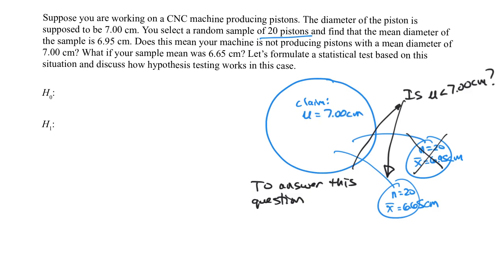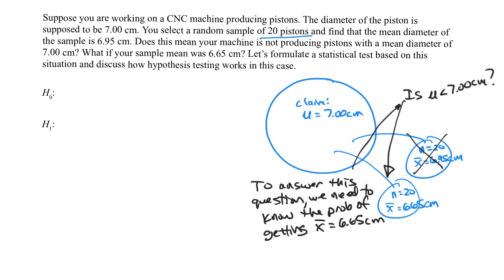So to answer the question, we need to know the probability of getting X bar equals 6.65 centimeters when n equals 20 and the population mean equals 7.00 centimeters. So that's what we'll do.